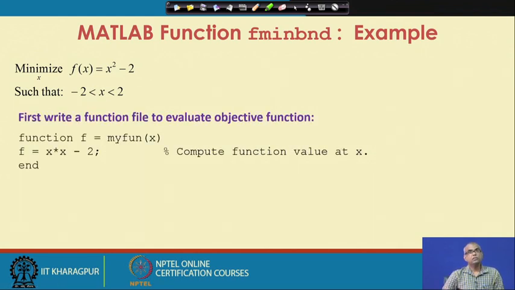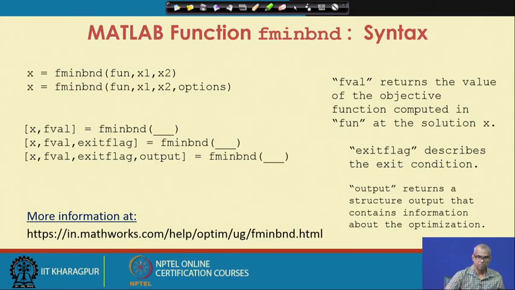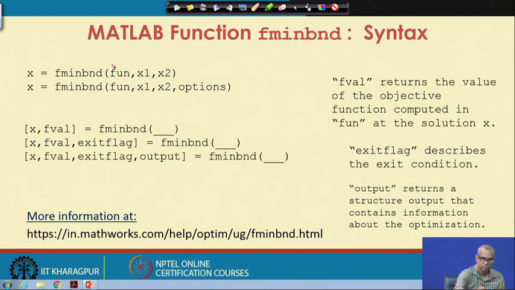So, as usual, we have to first write a function file to evaluate the objective function. So, that is the argument fun. So, you need first to write a function file where you will define the objective function.